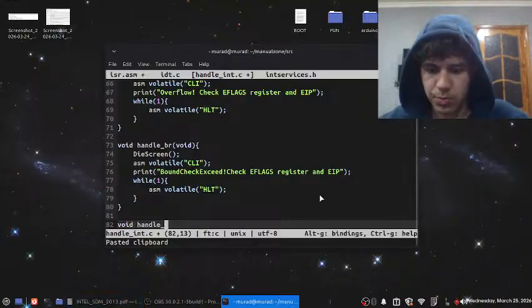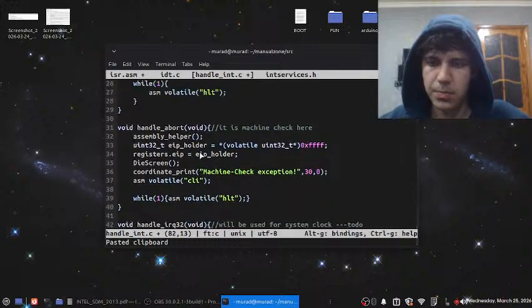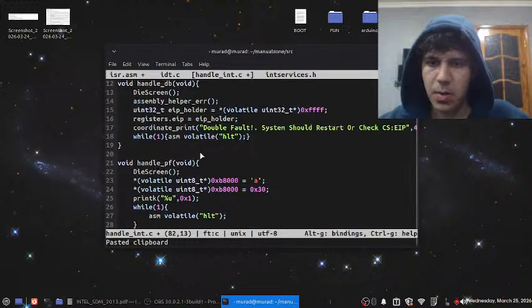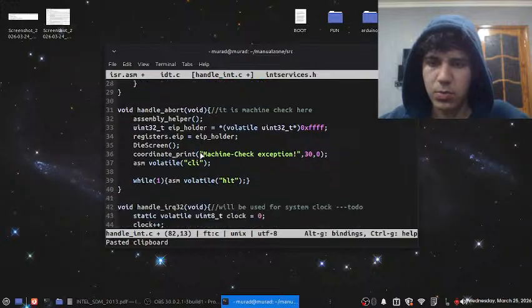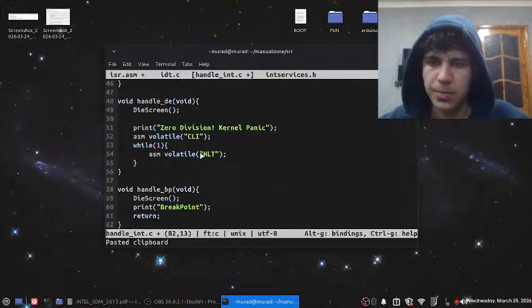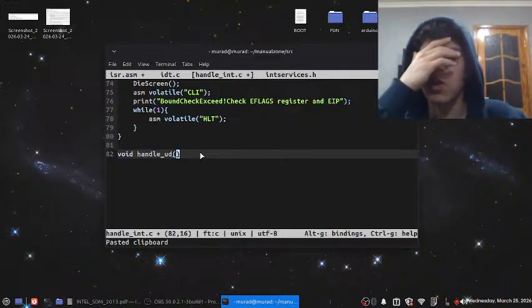Invalid opcode. There is an invalid opcode handler, I think, here. Abort. No double fault. Machine check here. And there is no invalid opcode handler.